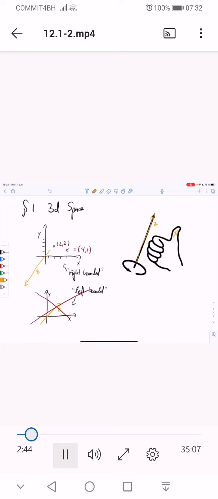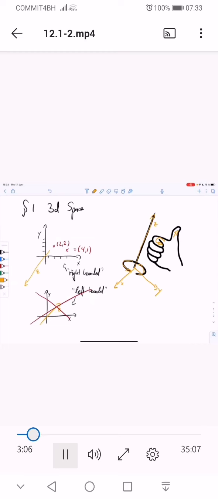When you then curl your fingers, they have this natural twist in them that you can also see down here. And this twist, this rotation, is the rotation that transforms the x-axis into the y-axis. So if we draw it like this, we would then draw x in this direction and y in this direction.